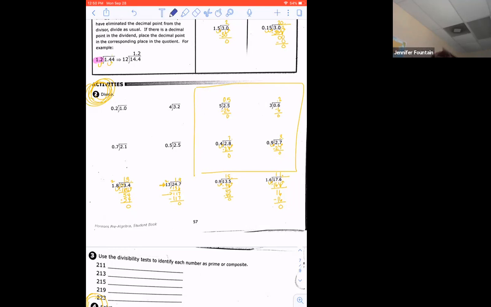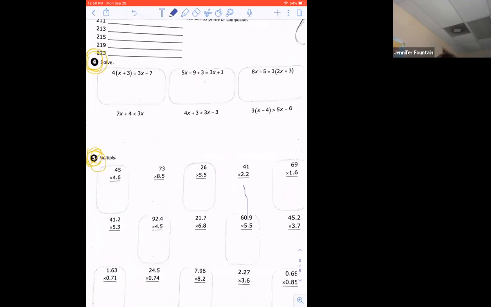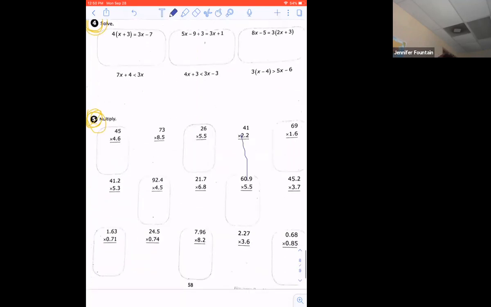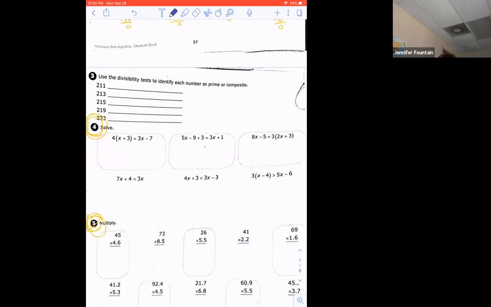All righty. Move on to page 58. And we had activities 4. So activities 4, the first one, we have to distribute again and then solve for x. So x is equal to -19. Check for your negative sign, -19. The one next to that, x is equal to 2. And then the last one in that row, x is equal to 7. Any questions on those?